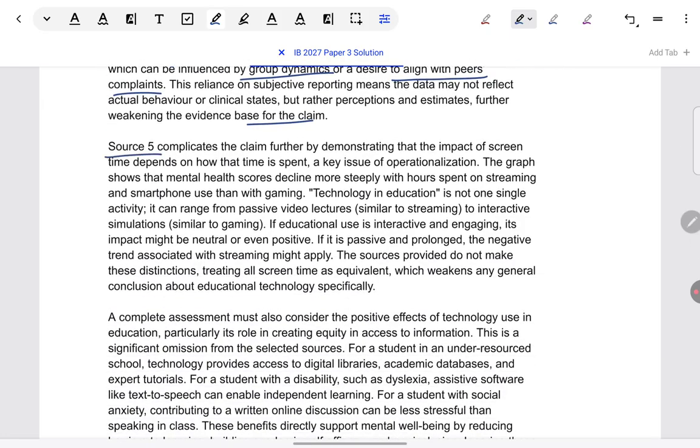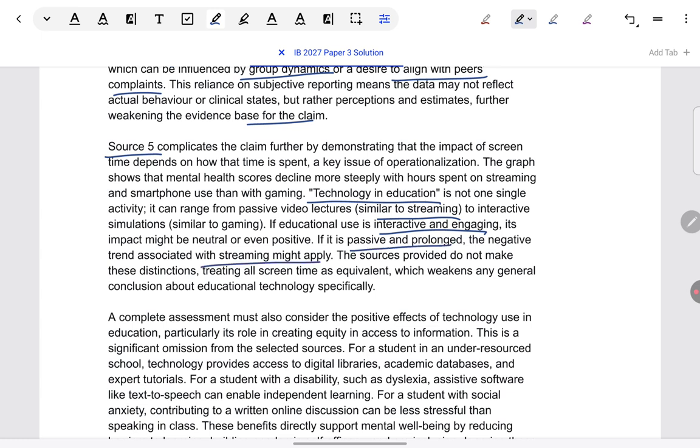Again, cause effect issues. When we talk about technology in education and we show that, like we saw in the line graphs, the more someone's gaming or streaming, that is leading to poorer mental health. What type of technology is being used, that is considered, but then every technology is different. Some of it is interactive, engaging, like gaming. Others is just passive, like streaming.